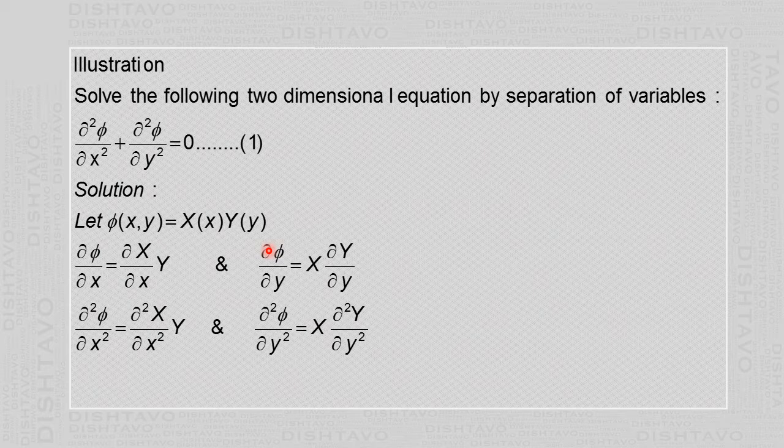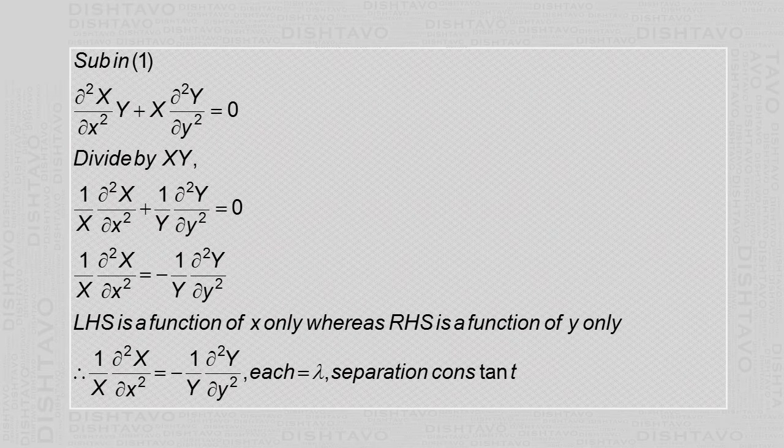When you differentiate partially with respect to y successively twice, x is a constant, so it comes as a multiple. Then substitute those second order partial derivatives with respect to x and y in the given equation.